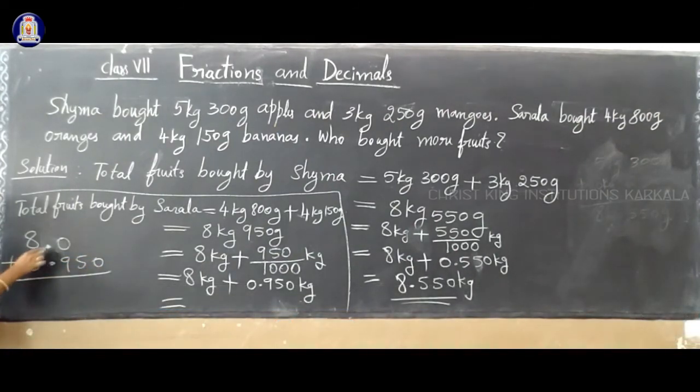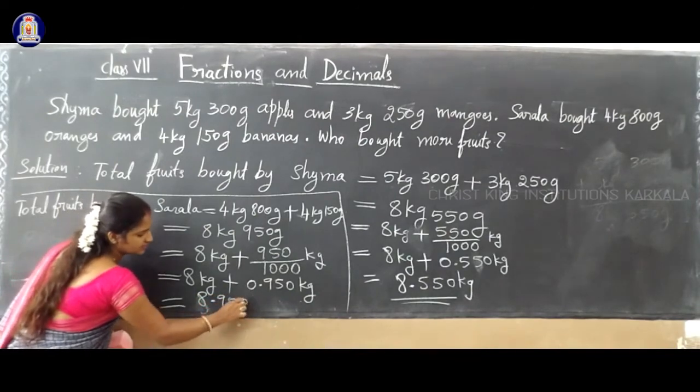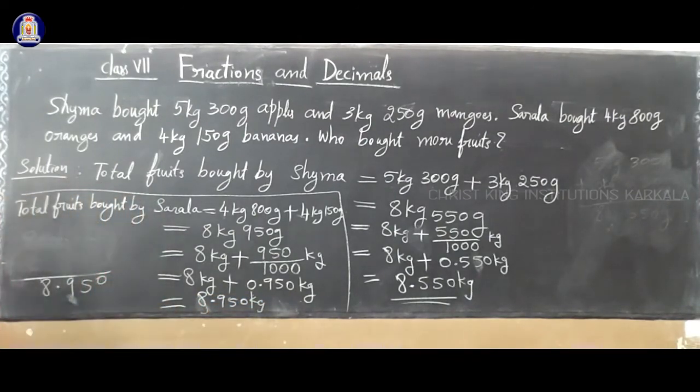Clear? So now 8.000 plus 0.950. 0 plus 0, 0 plus 5 is 5, 0 plus 9 is 9, decimal point right as it is. Now 8 plus 0 is 8. Clear? This is the addition of decimal numbers. Now 8 kg plus 0.950 kg, we get 8.950 kg. So now you have to compare.